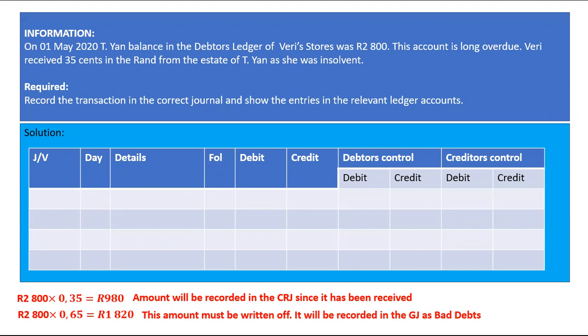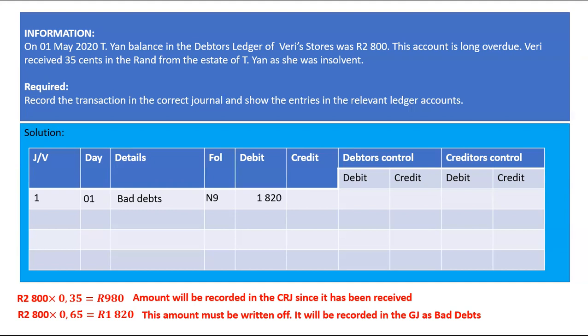We will start with the voucher number, which is 1. The day will be 01. And you start with the account that will be debited, and the account to be debited will be bad debts. And the amount that relates to that account that has been debited will be written on the debit side as 1,820.